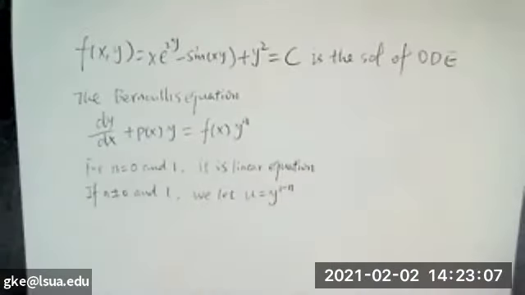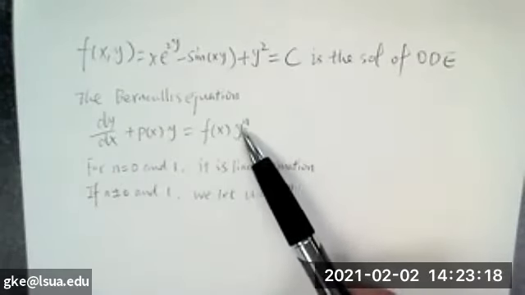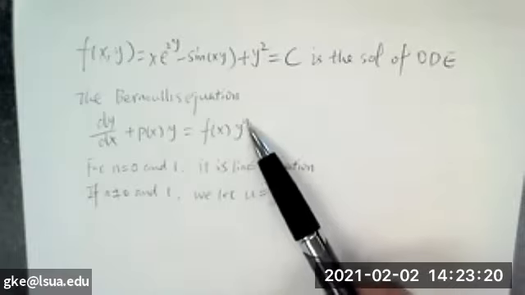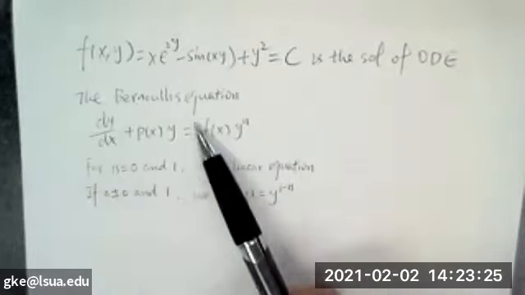We use the substitution, okay? So it's very clear when n equals 0, y to the power n, power 0 equals what? Equals 1. So that's a typical linear equation.